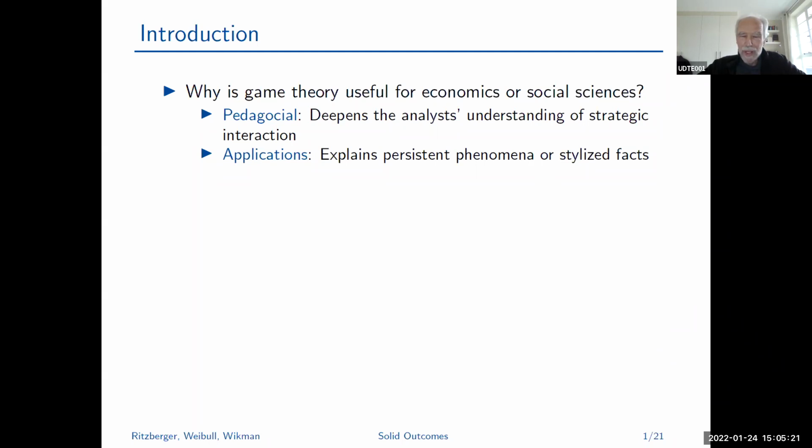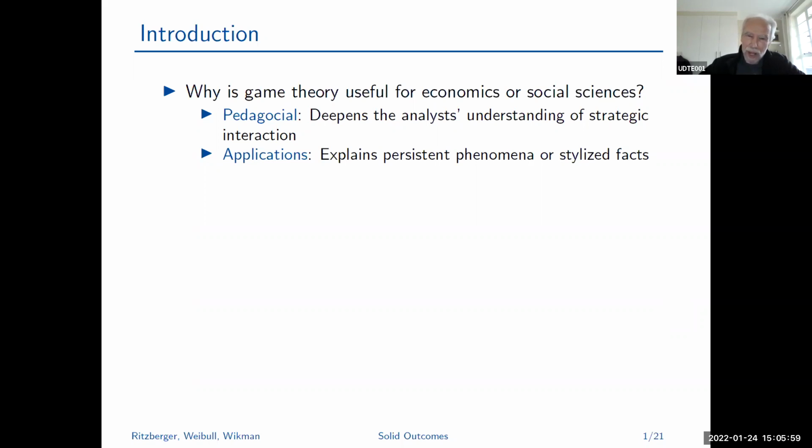But when we apply game theory in economics, we very often try to explain something that we see in the real world, or in the data. Some persistent phenomenon or some stylized facts that are hard to explain with the usual competitive model of economics, because these phenomena often involve some aspect of strategic interaction. I've not only worked on the pure theory of games, I've also worked on applications a lot.